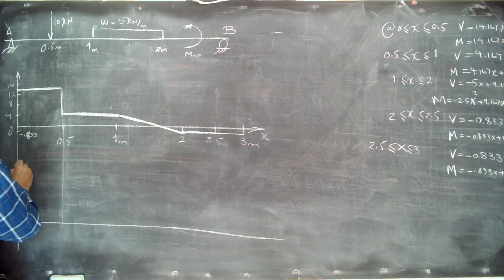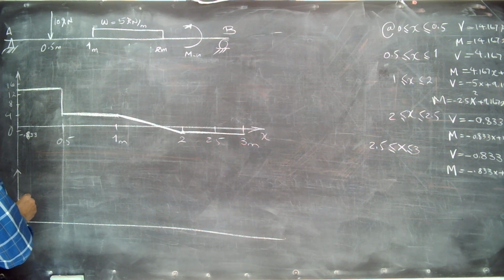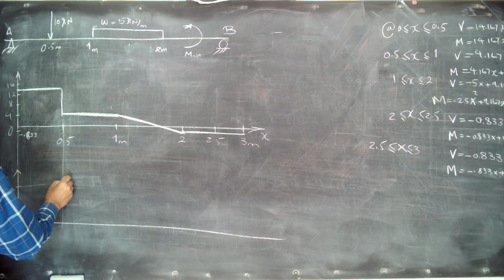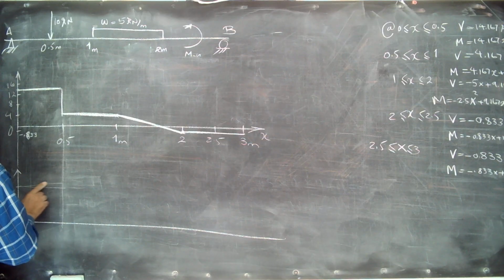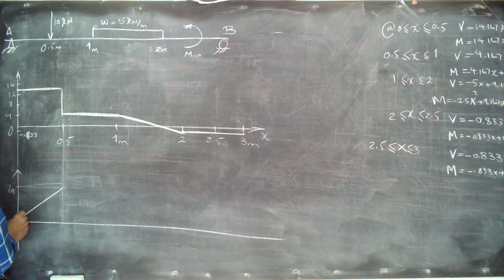If you put in a half, 14.167 times a half is 7.08, something like that. You reach this point with a straight sloped line.